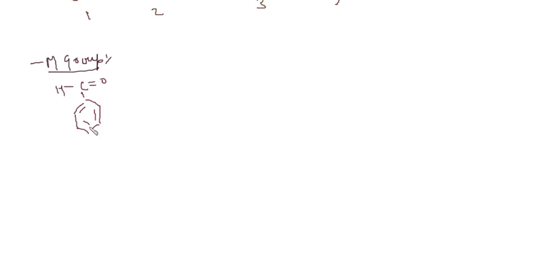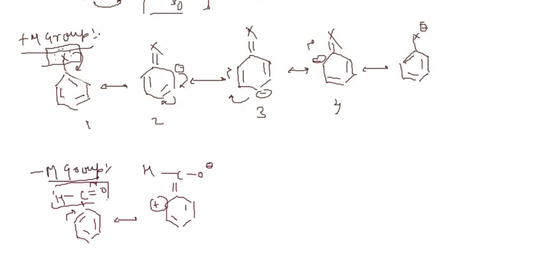If we consider benzaldehyde as a system, it will accept electrons, and that is how it will generate a positive charge. So minus M will generate a positive charge and plus M will generate a negative charge.